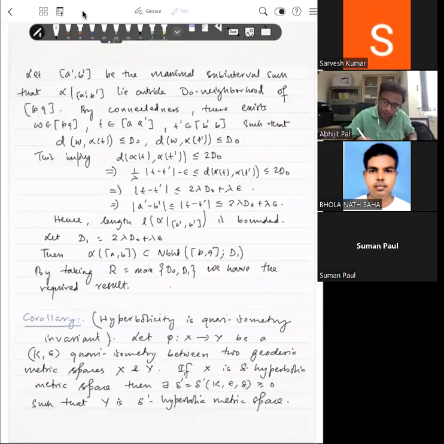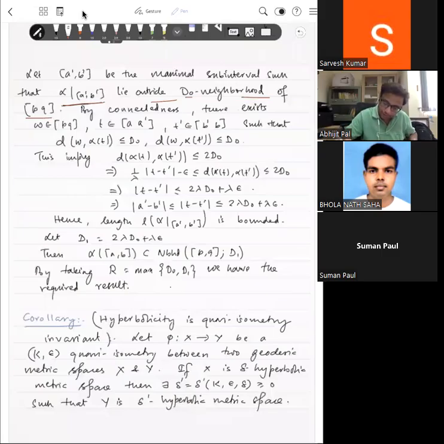So suppose some maximal portion of this alpha, which I have denoted by this, lies outside the d naught neighborhood of this geodesic PQ.